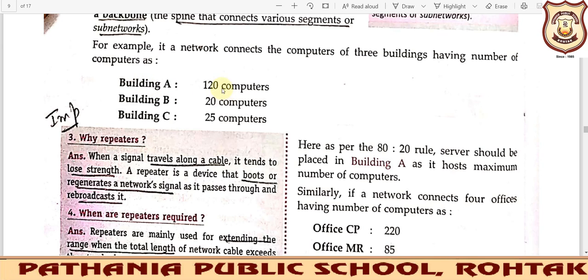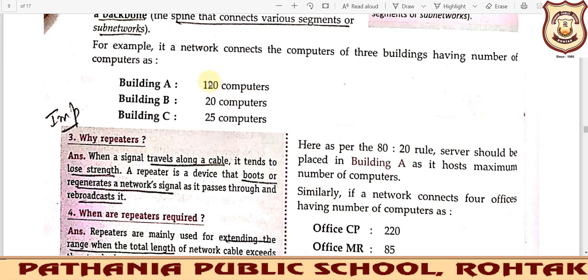Why? Let us say you set up your server in building C. Then 120 wires will get connected, so the signal has to be transmitted to building C, as 120 computers will try to connect to the server present there. If you place your server in building A, only 25 and 20, so these 45 computers, will try to connect with the server.